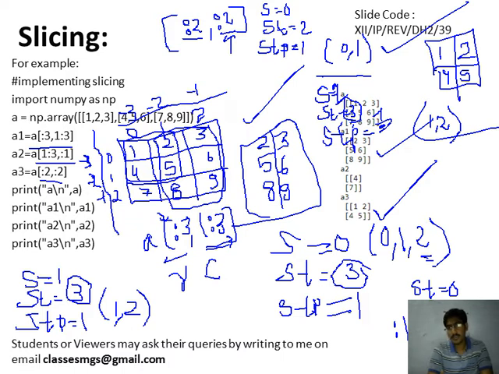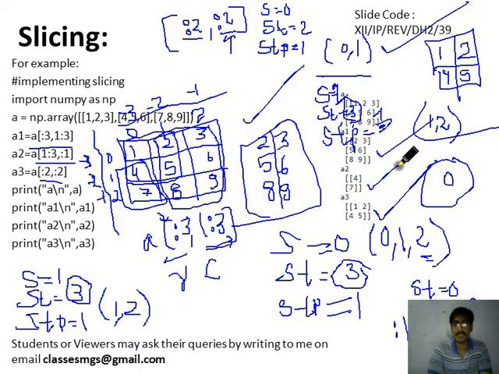So up to stop minus 1 will be selected. So stop is 1, 1 minus 1 is 0. So only column 0 will be selected. Rows 1 2 and column 0 will have the values 4 7. So the output will come like this: 4 7. Okay, so keep this in mind. Now we will see some more concepts in the next slide.